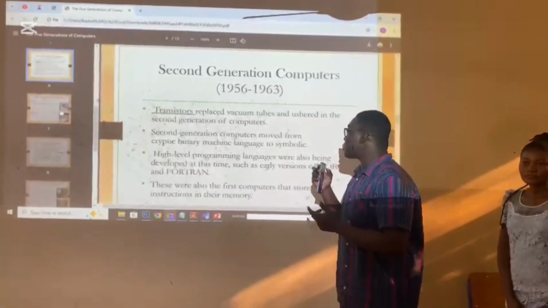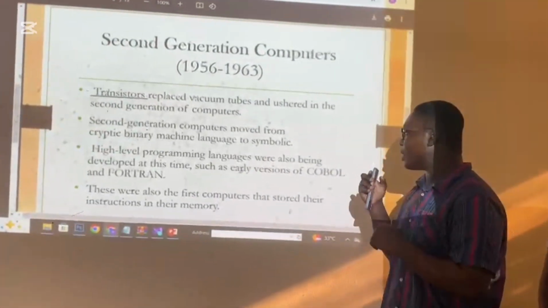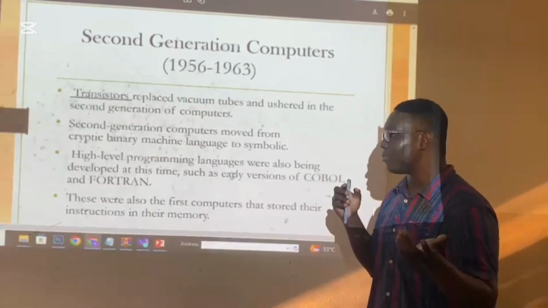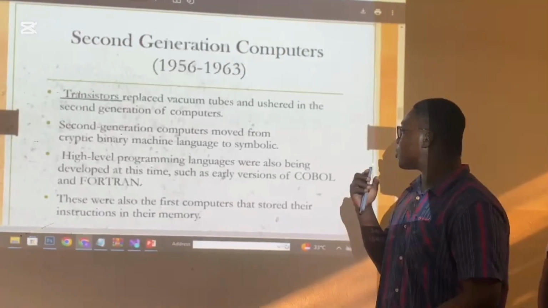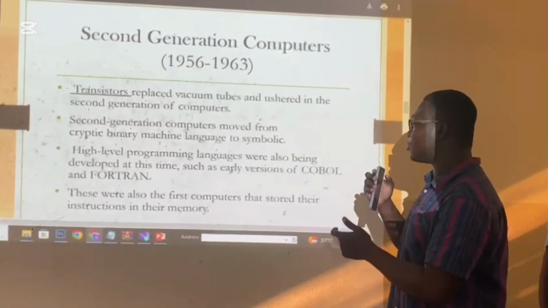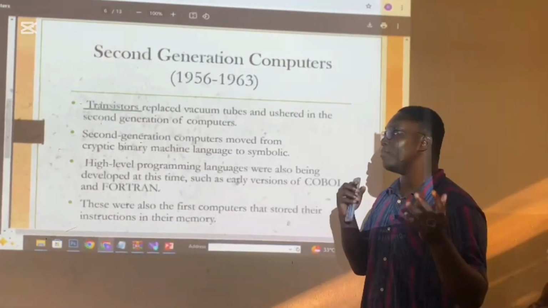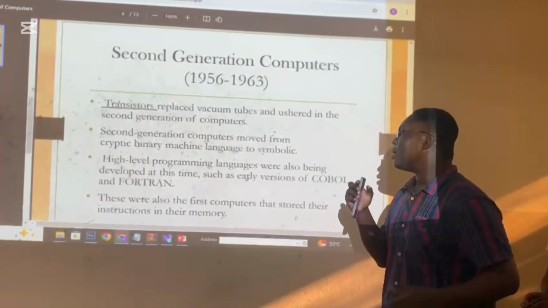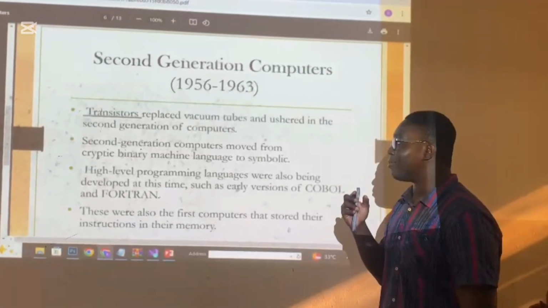The second generation computers moved from a cryptic binary machine language to symbolic language, so human beings were able to understand it rather than the old machine language. High-level programming languages were also being developed at this time, such as the early versions of COBOL and Fortran. After this, other languages like HTML and CSS were developed from these languages. These were also the first computers that stored their instructions in their memory.